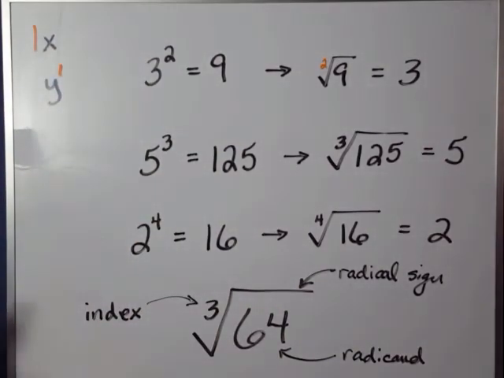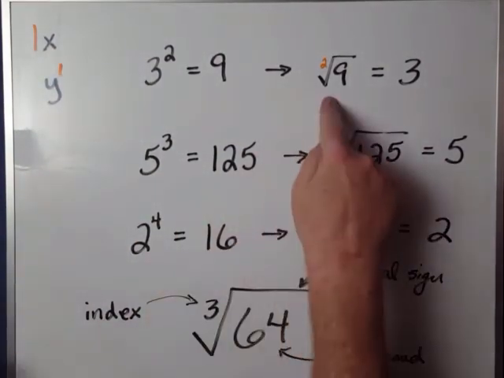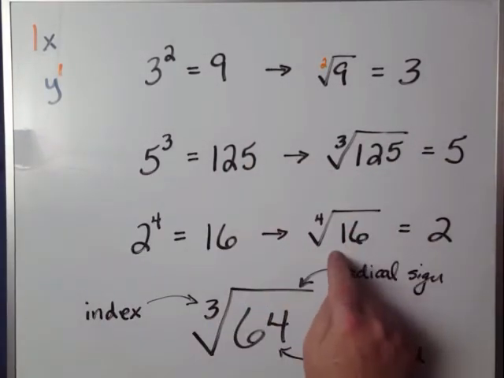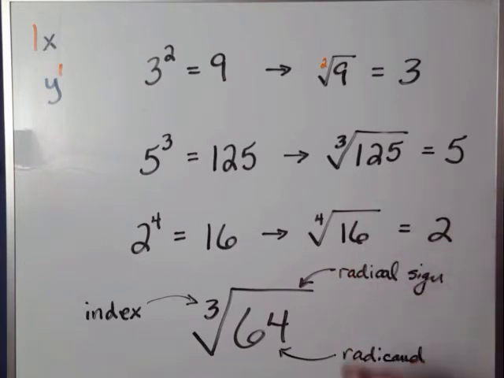We don't write that 1. Well, in a square root, we don't write the 2. In any other root, we do explicitly write that index. But in a square root, we understand that the index is 2. All right, so let's do some of these higher indexed radicals.